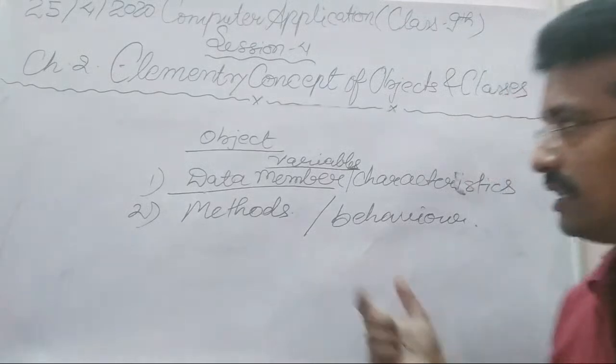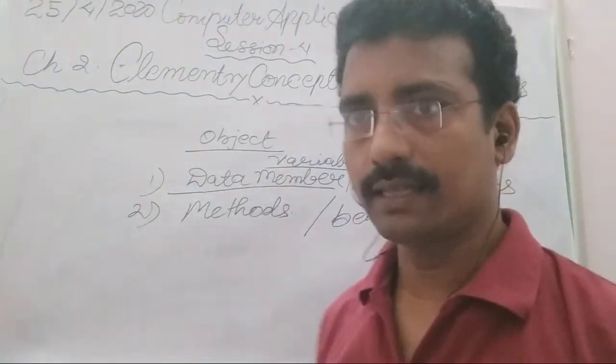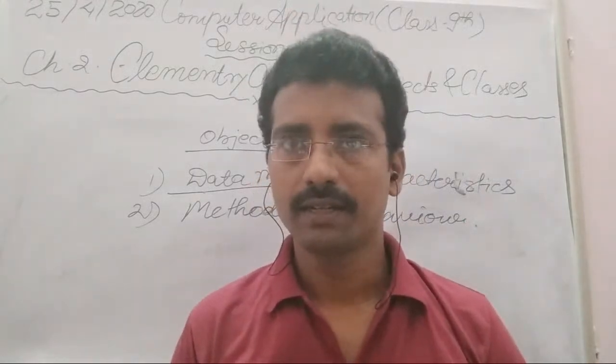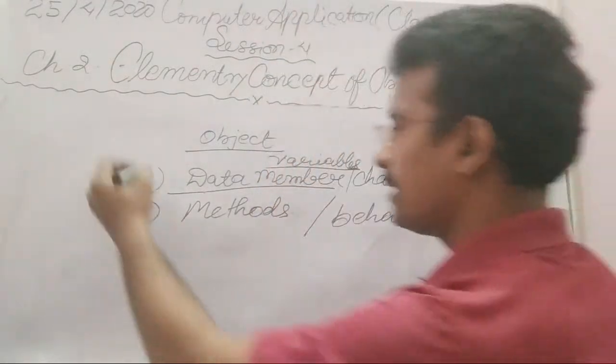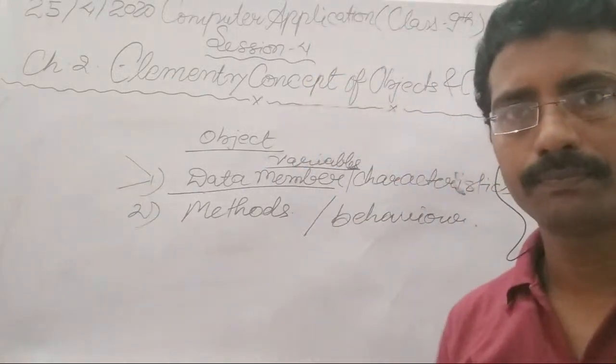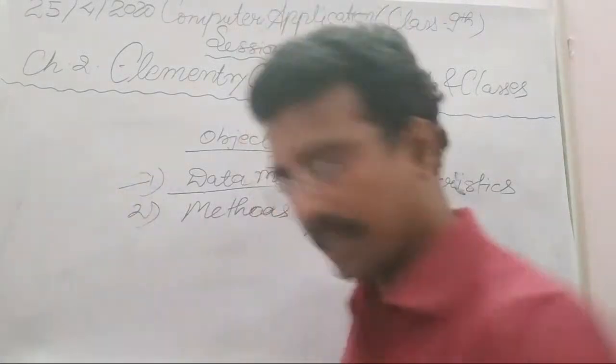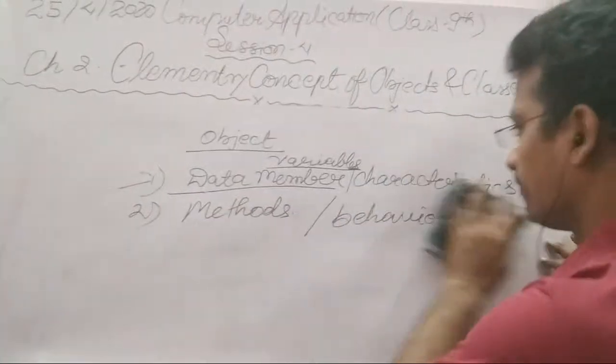Okay, with this property, there is one more thing that a class contains. We will divide these data members into two parts. I will tell you in different terms.